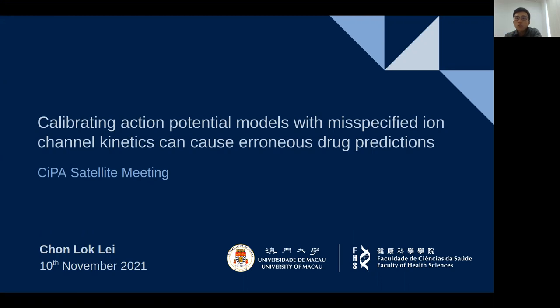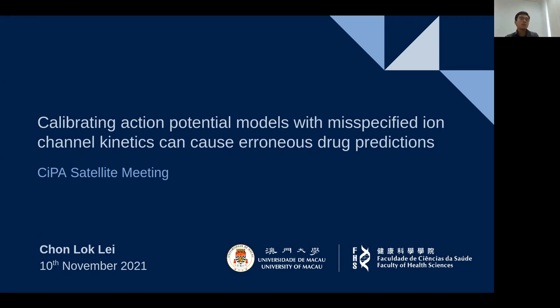And I will try to demonstrate this with a synthetic data study example, showing that if we calibrate action potential models with what we usually think of as an acceptable range of misspecified ion channel kinetics, this can cause incorrect drug predictions.